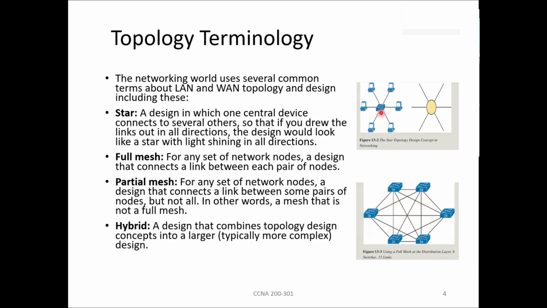So you have star topology, we have full mesh, and sometimes we have partial mesh, where all the switches are not connected with each other. And sometimes you have full mesh and partial mesh together, and we call that hybrid. So based on the scenarios, we may have star, full mesh, partial mesh, and hybrid, different kinds of design in our network.